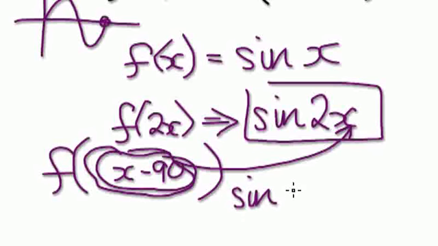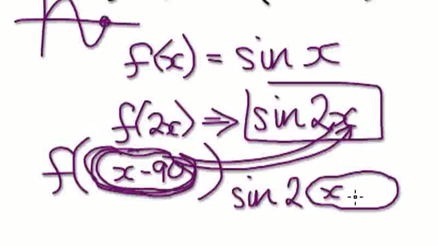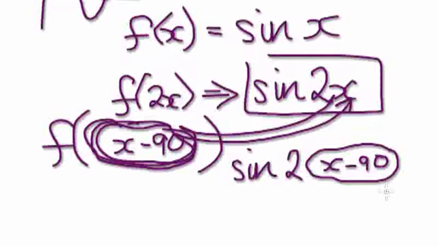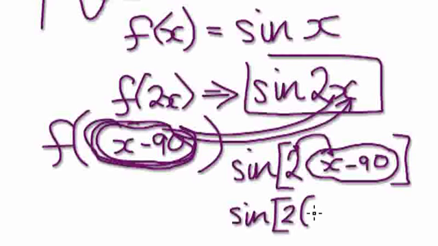Sine, and then you've got your 2 here, and then the bubble goes into the x here, so it will be this 90. In effect, it's like this: sine, square bracket, 2, bracket, x minus 90.